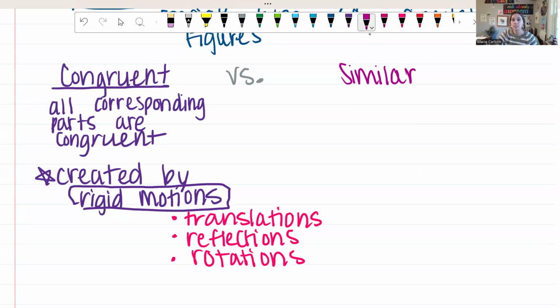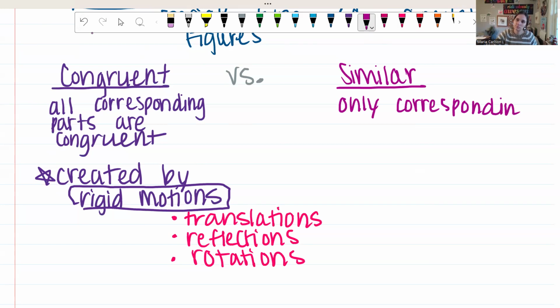Now, if figures are similar, only corresponding angles are always congruent.